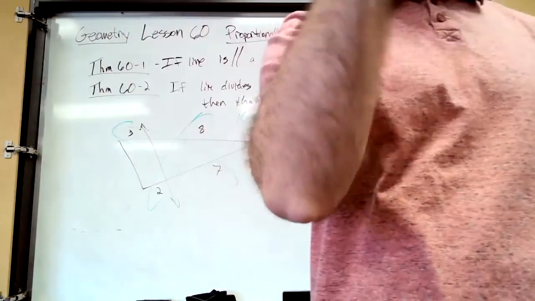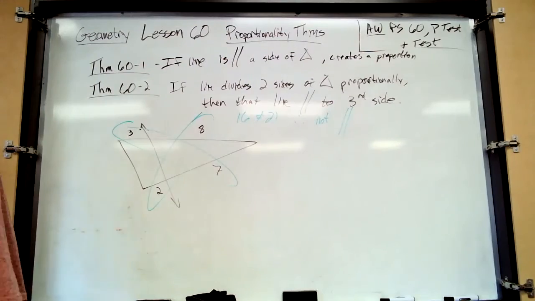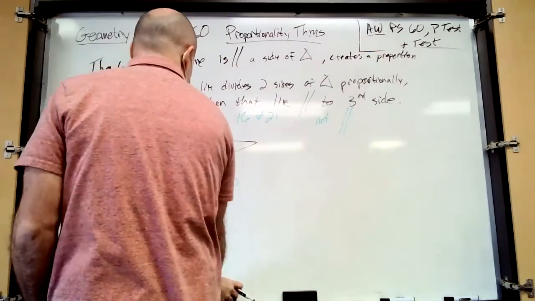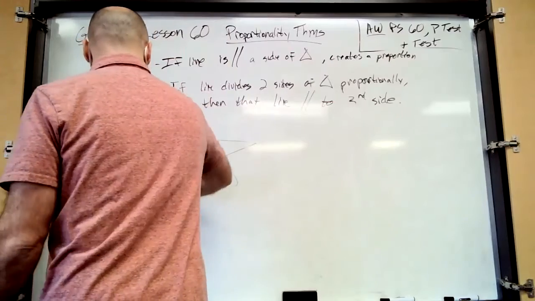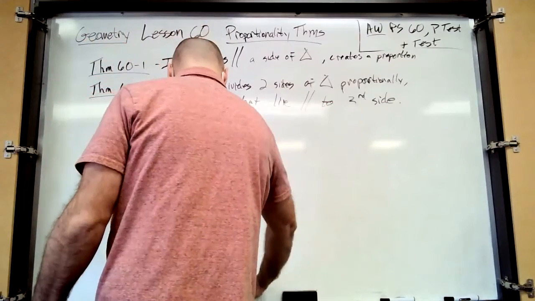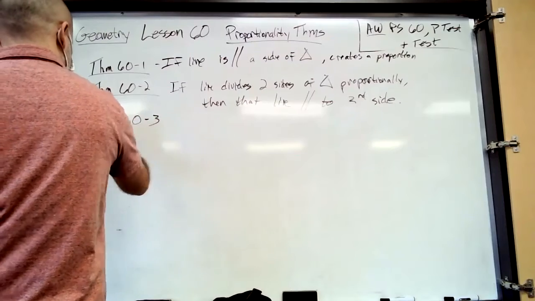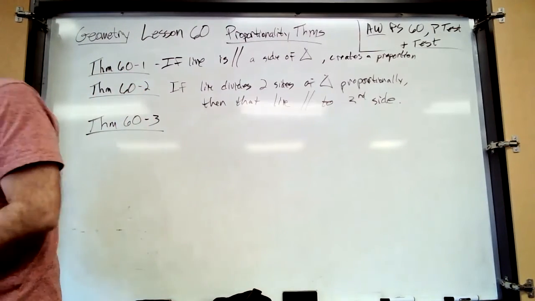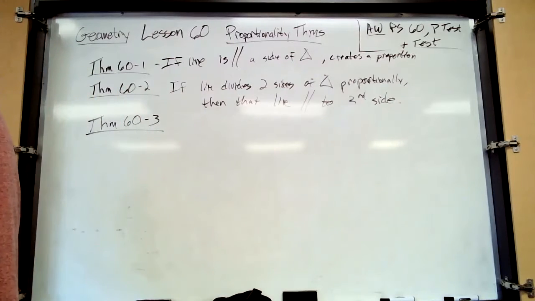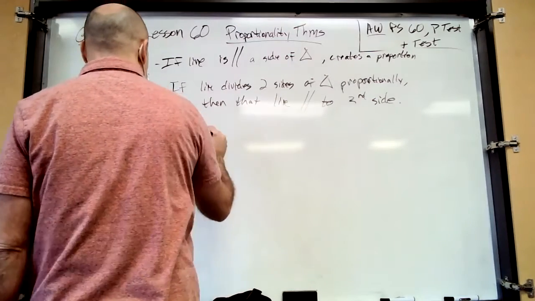So far, so good. You guys understanding this? Yeah. Okay. Now, here's theorem 60-3. It says this: if parallel lines intersect transversals, then they divide the transversals proportionally. We'll draw a diagram.